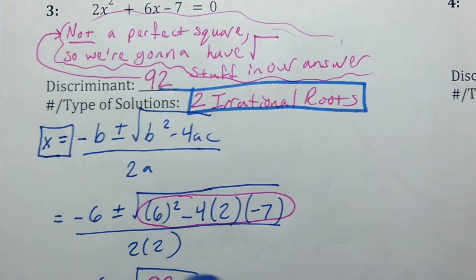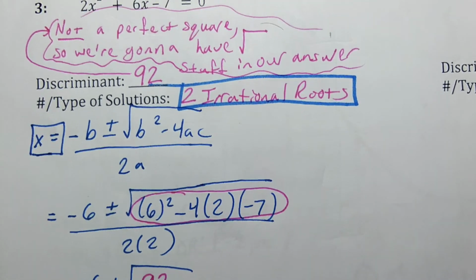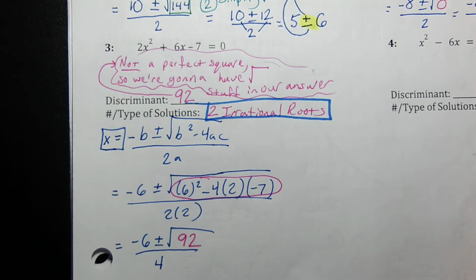So step 1, we found the discriminant. Step 2, we're going to have to simplify that square root. So folks, what is the biggest perfect square I can take out of 92? That's why we have our calculator. Start trying to divide it by perfect squares.